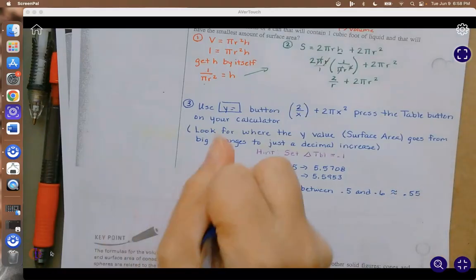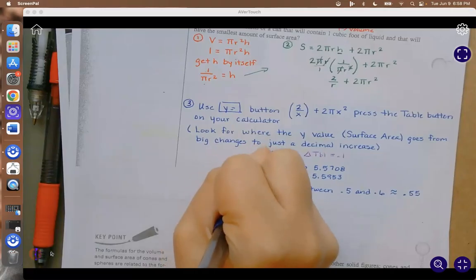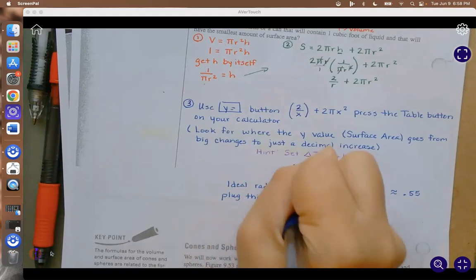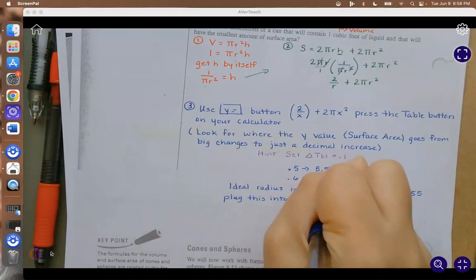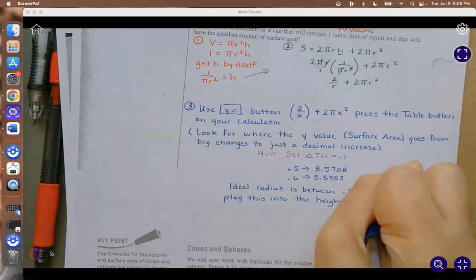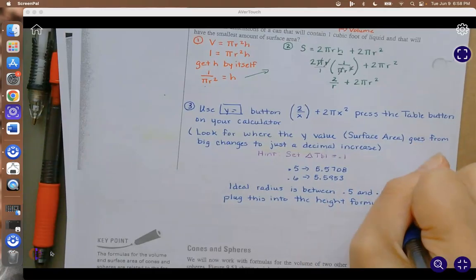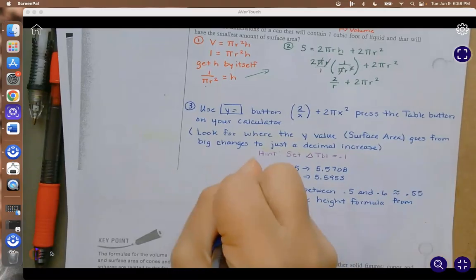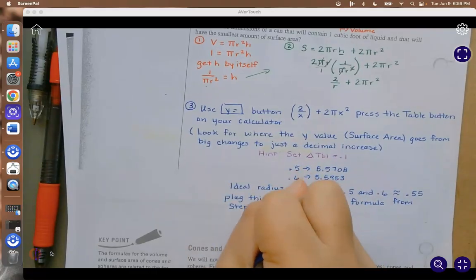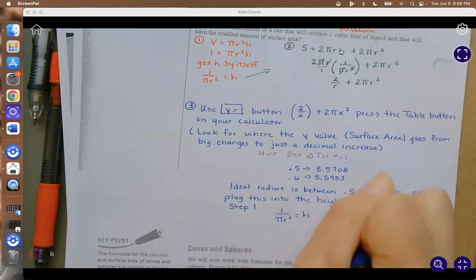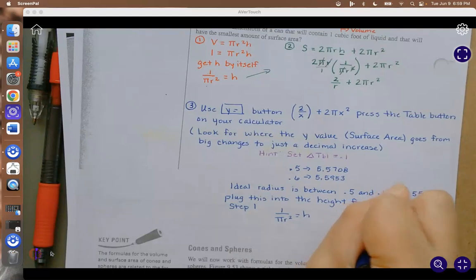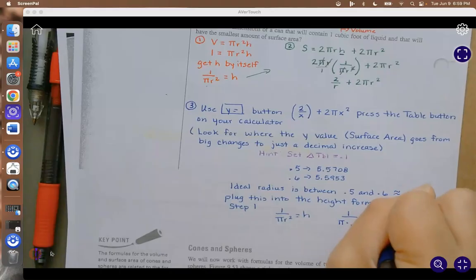Okay? We're going to plug this in to the height formula from step 1. Okay, so when we plug that in, 1 over pi times 0.55 squared equals h.